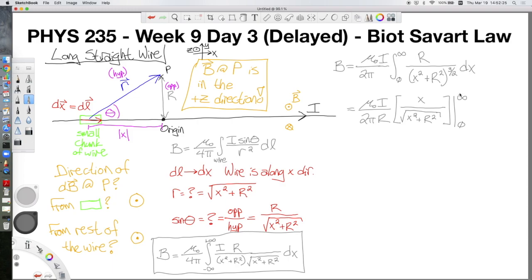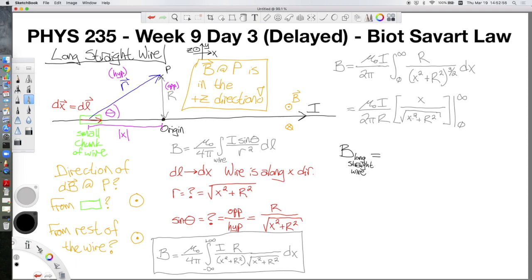So once all is said and done, and there will be a summary page eventually, the magnetic field from a long straight wire is going to be, well, when x is infinity, turns out this is a slightly difficult integral to evaluate, because we have an infinity over infinity.